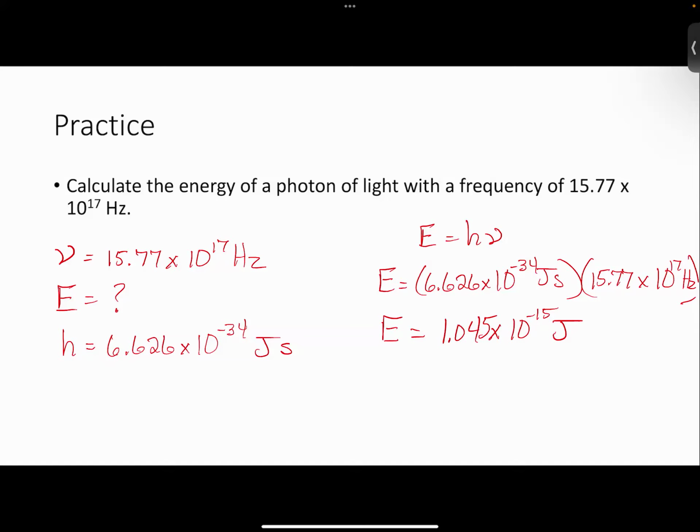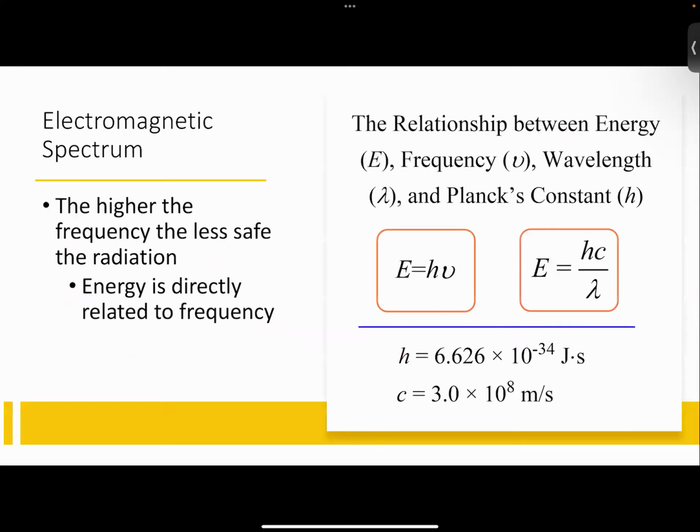When do I use c is equal to lambda times nu? Well, when I have the wavelength and I want the frequency, or I have the frequency and I want the wavelength. That's my relationship I go to. When do I use E equals h times the frequency? Well, when I have the frequency and want energy, or when I have energy and want the frequency.